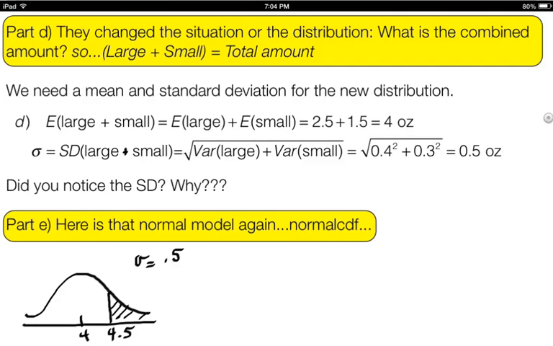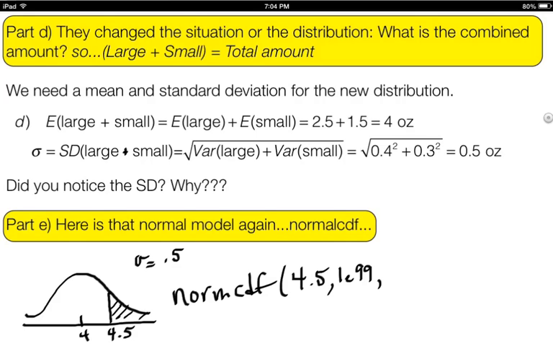So if you remember your 68, 95, and 99.7, you can actually get to the answer, and it's going to be about 16%. Right? So I really don't have to use normal CDF, but let's go through the process again. It'll be normal CDF. This time I'm starting at 4.5, and we're going to go all the way up, so 1E99, because I'm greater than this time.